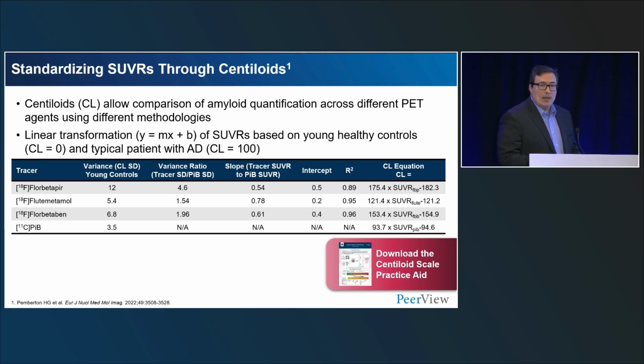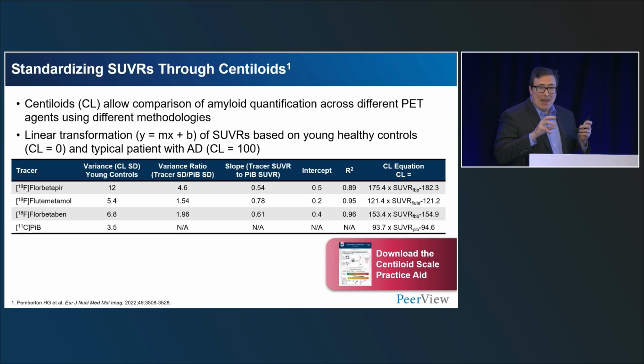I'm not going to go through this in great detail, but basically Centiloids are SUVRs that are measured in your scan that have been normalized through a linear transformation to a standard value that you should be able to compare across different PET tracers and across different methodologies.